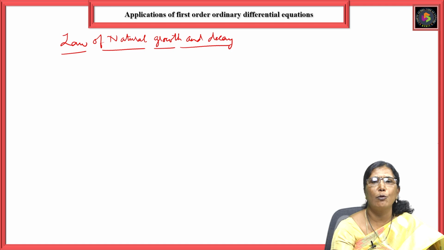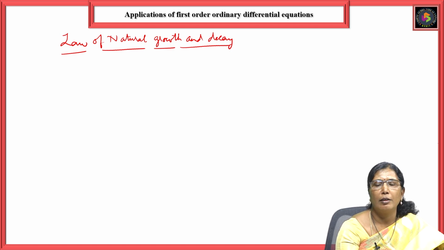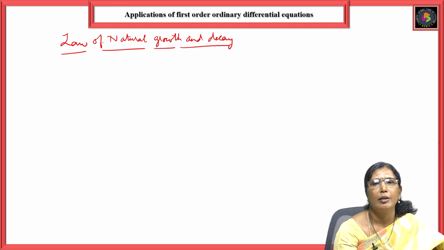You know that if you want to find the growth of a population in any area, or the growth of bacteria in a culture, we apply this law of natural growth. And decay is nothing but if you want to find the radioactive decay in radioactive materials, there we apply the law of natural decay. So how does this state?